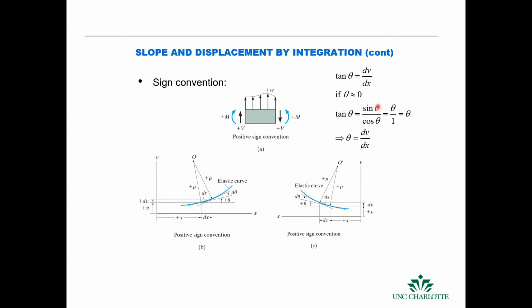For really small theta, the sine of theta is approximately theta, and the cosine of theta is about 1, so the tangent of theta is about theta. So the slope of the curve is actually dv over dx, the change in y over the change in x, and that's the slope for our beam.